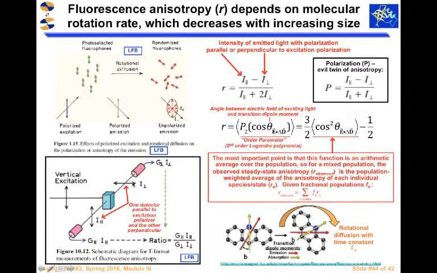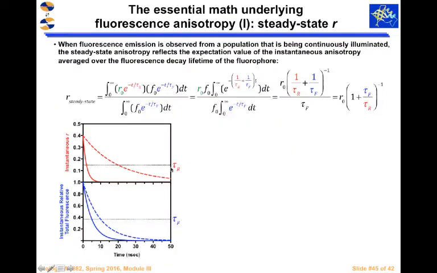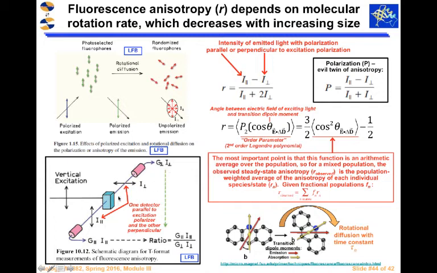We call light coming out with this orientation perpendicular polarization because its polarization is perpendicular to the direction of the exciting light. So the anisotropy is defined as the intensity emitted with parallel polarization minus the intensity emitted with perpendicular polarization, over the intensity with parallel polarization plus 2 times the intensity with perpendicular polarization.